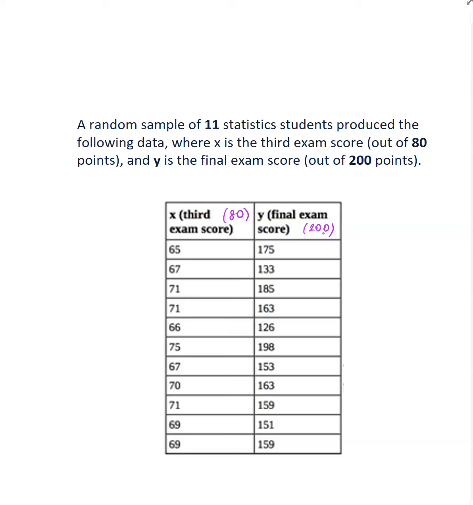Now go ahead and, again, clear your lists and call this L1 and L2. They already gave us X and Y, so we'll keep it the way it is, L1 and L2. So if it is X and Y, you know that X goes on the horizontal axis and Y goes on the vertical axis.